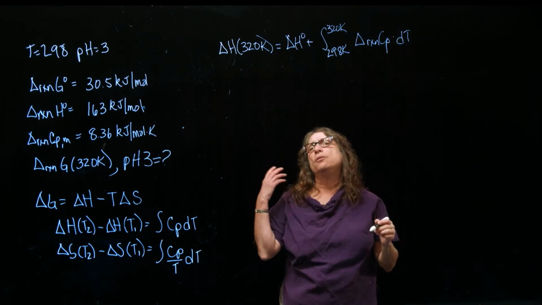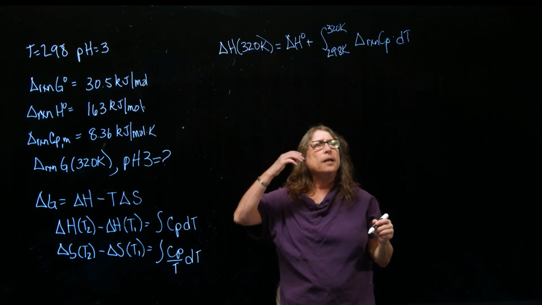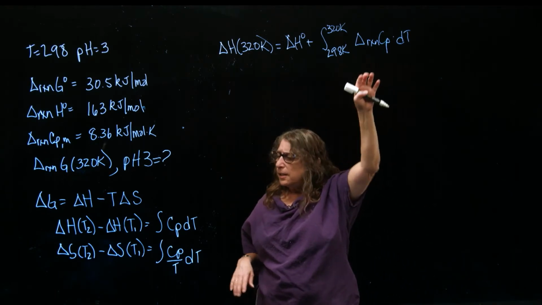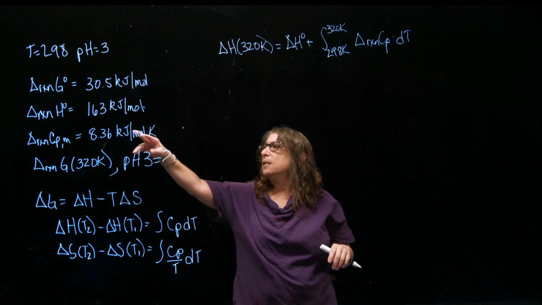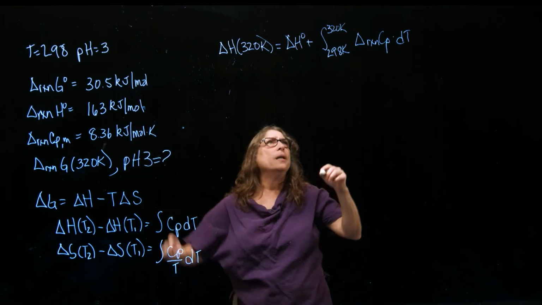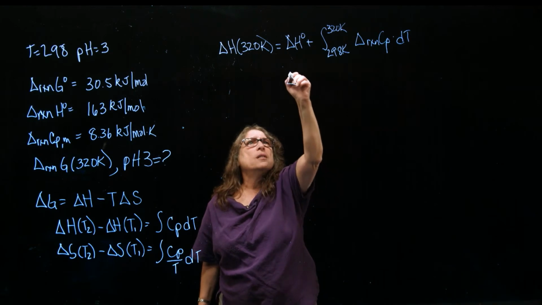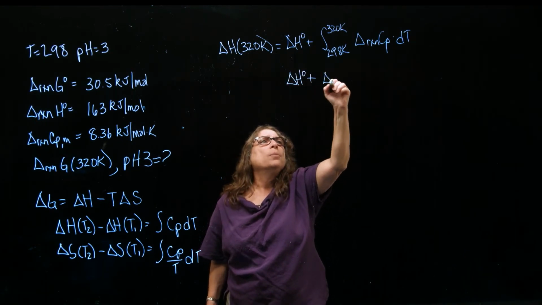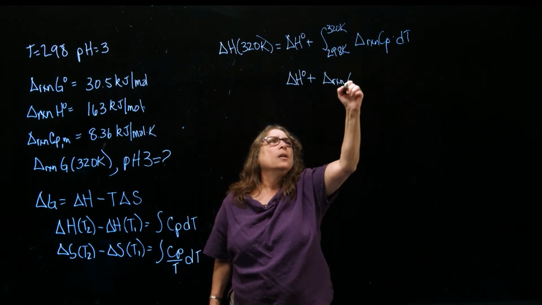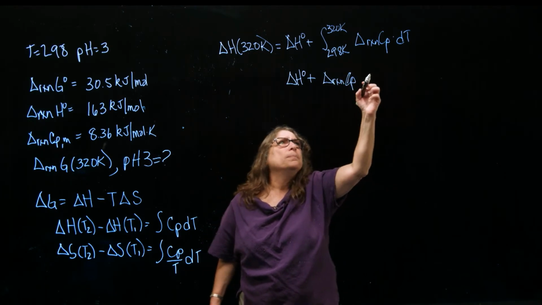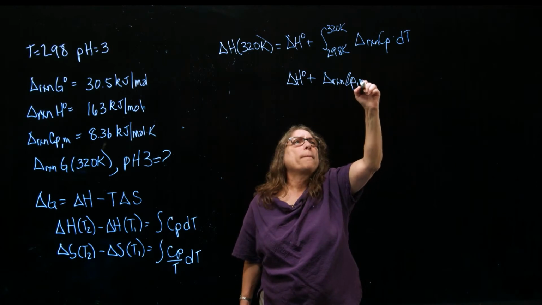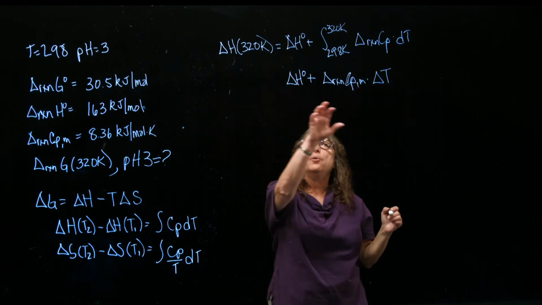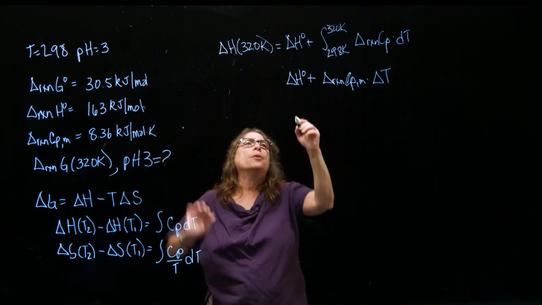And here, the heat capacity change is not temperature dependent. And so this is the enthalpy of reaction under standard conditions plus the reaction change in the heat capacity times the change in the temperature. And I know both of these values because they're right over here.